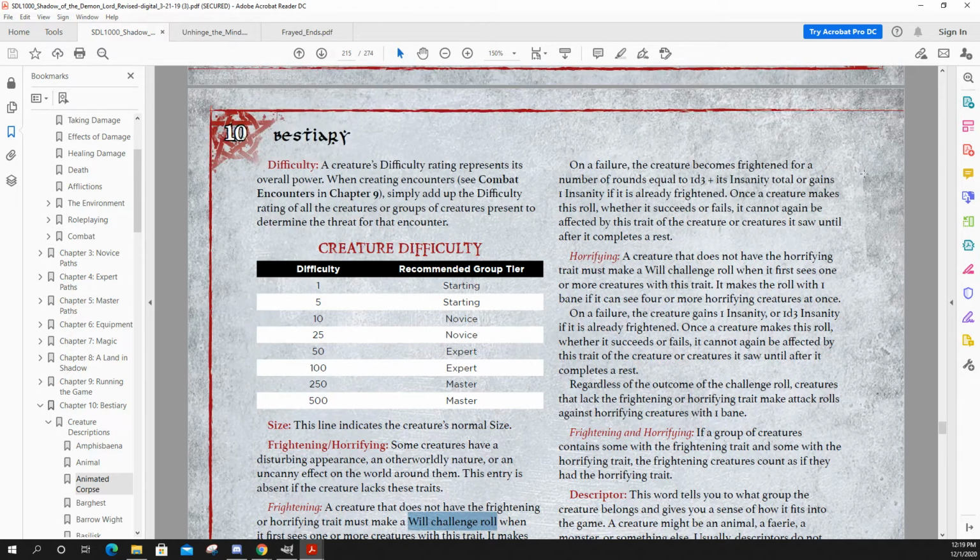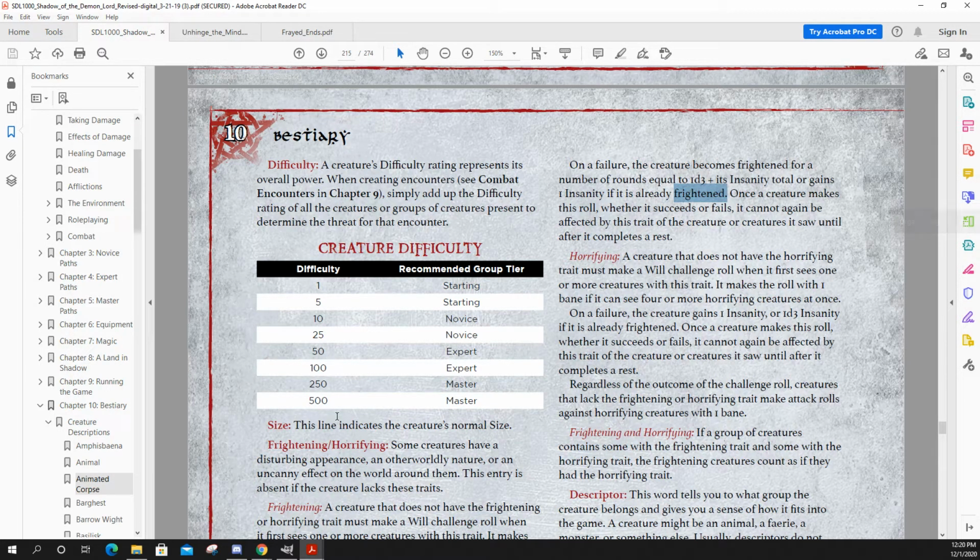If they fail, then the character is frightened for a number of rounds equal to 1d3 plus its insanity total, or it gains 1 insanity if it's already frightened. So the first time they see a frightening creature in an encounter, and they're not already frightened, then they would just get the frightened attribute.